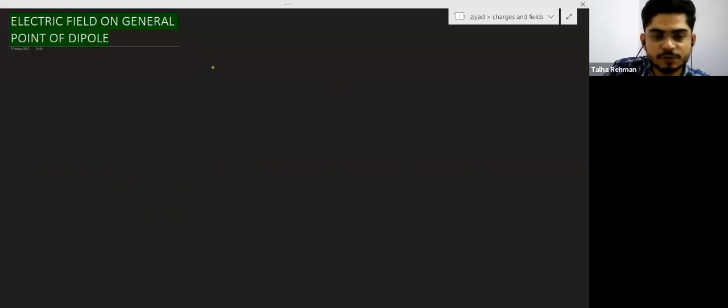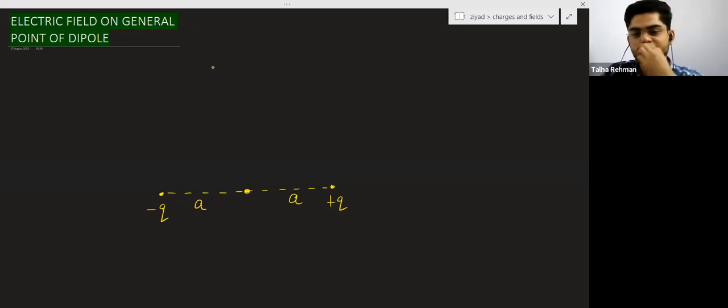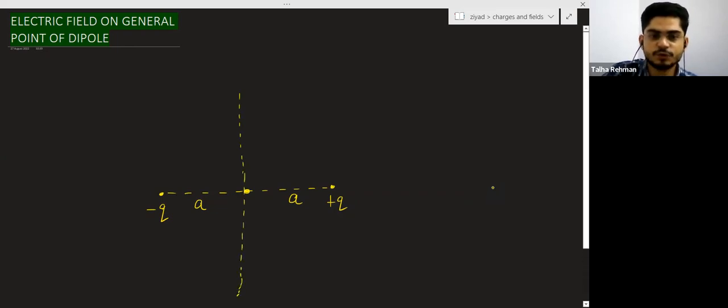General point of dipole means, if you have a dipole with minus q charge and plus q charge, and this is the center of the dipole, and this distance is a, this distance is a, then a general point is a point which is not on the axial line and not on the equatorial line. This line of the dipole is known as the equatorial line.